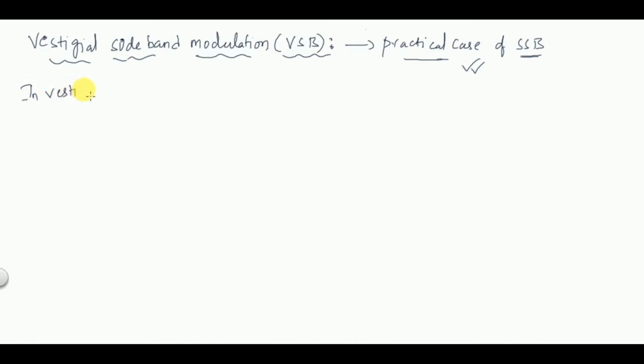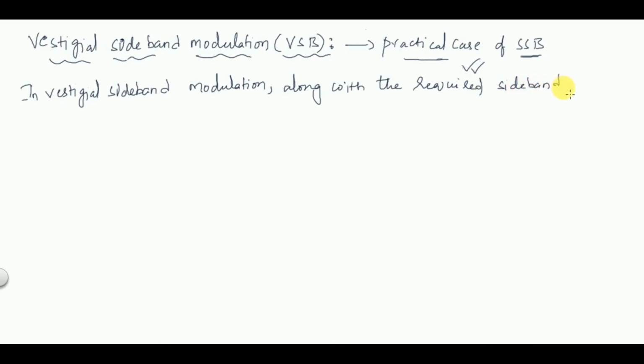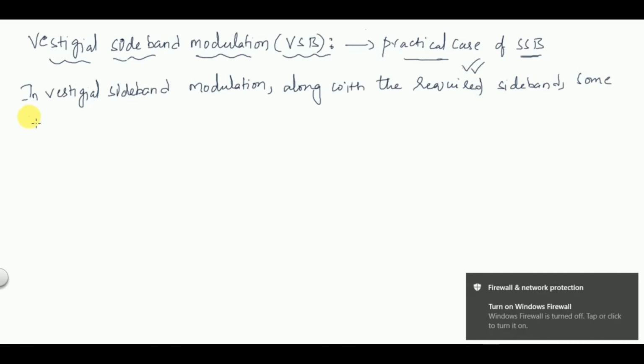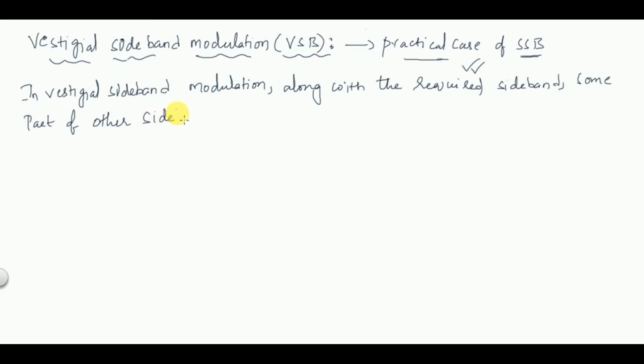Okay, so in vestigial sideband modulation, along with the required sideband, some part of the other sideband is also transmitted, which is called vestige.